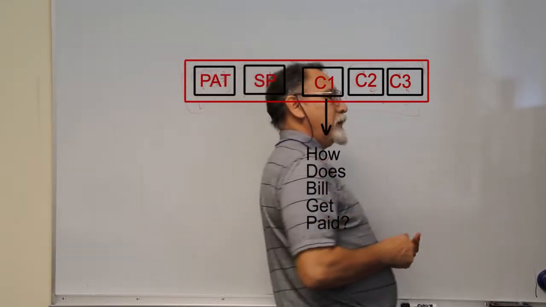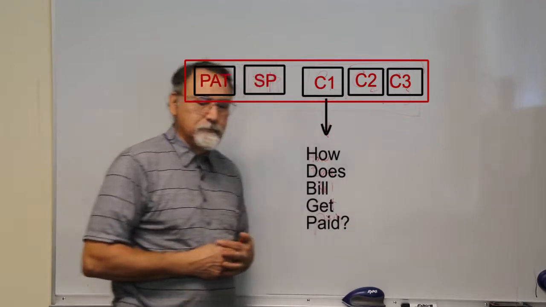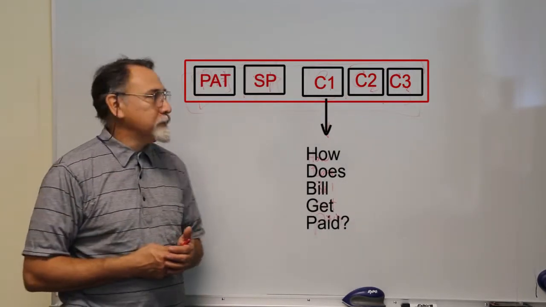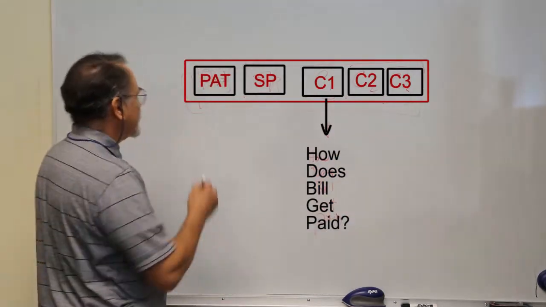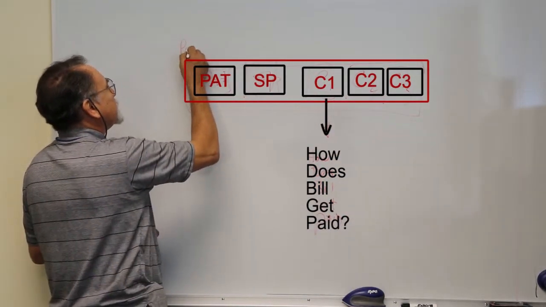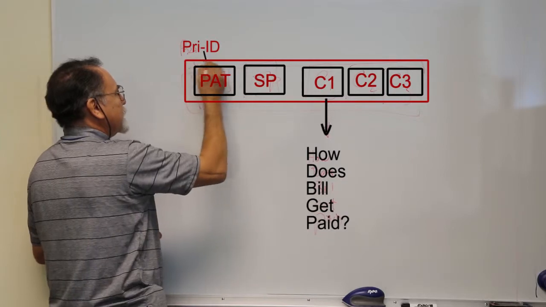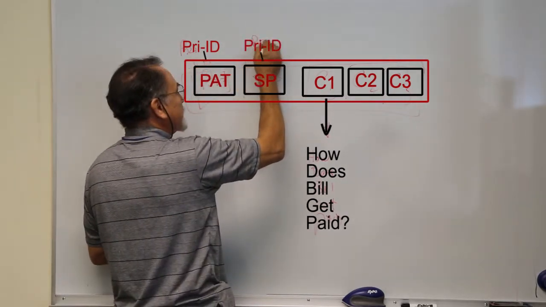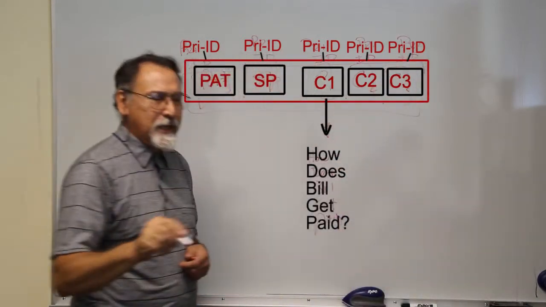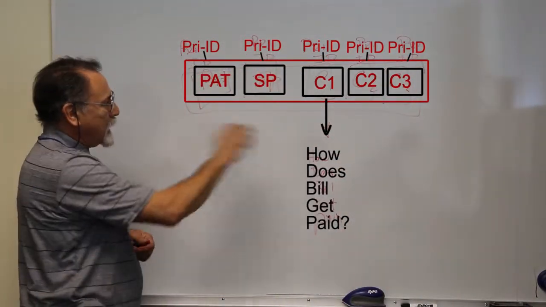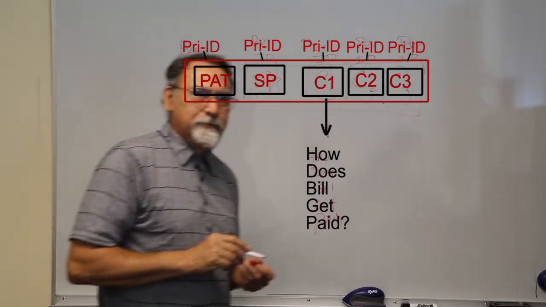There has to be some way, some identifier that will unite these items. So you have to have some kind of primary identifier on all these. You have to have a key that will lock all these items together.